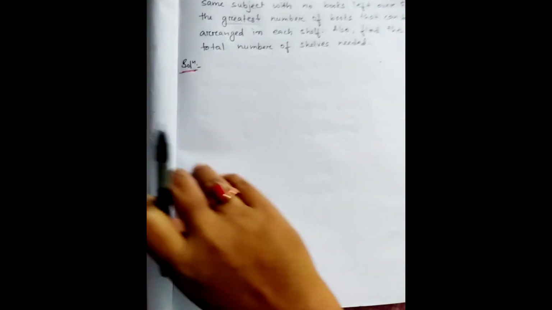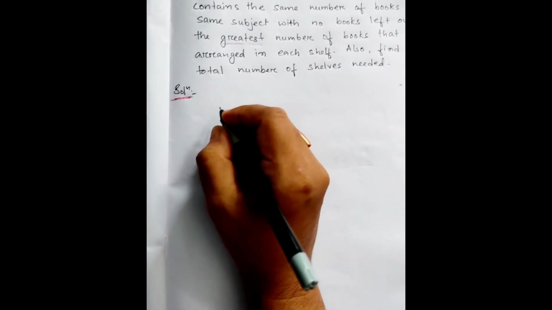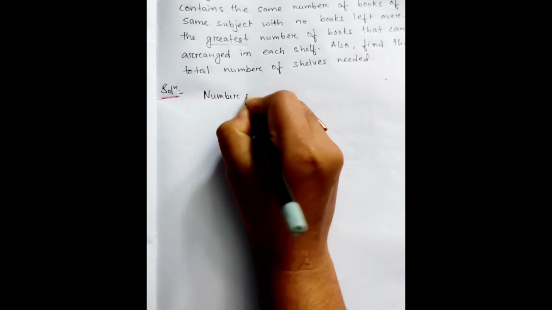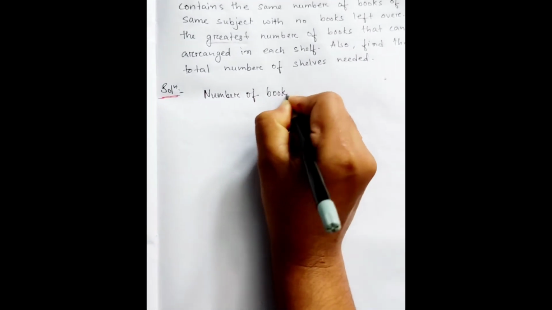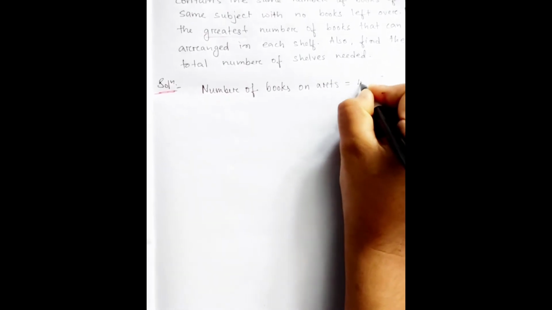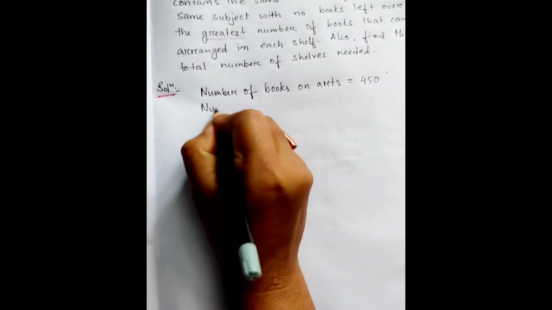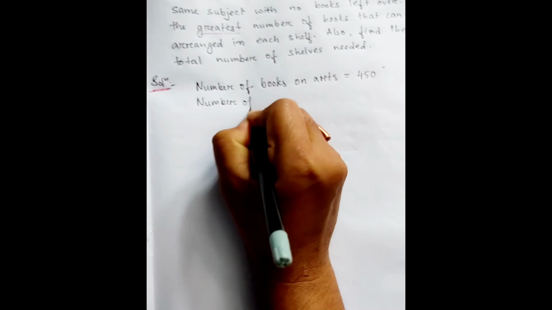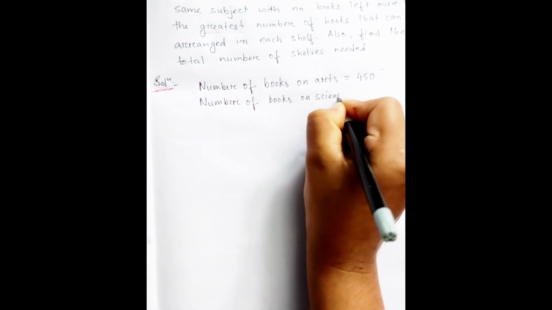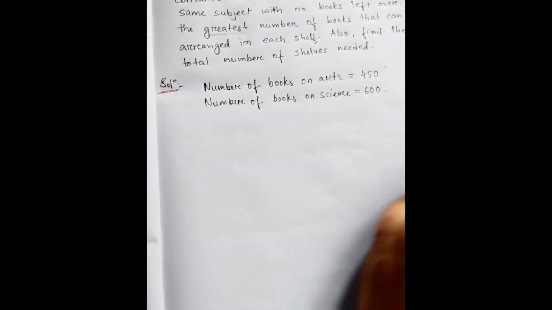So here, what is given? It is given that the number of books on arts is 450, and the number of books on science is 600.